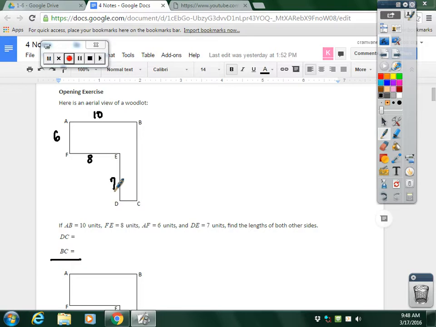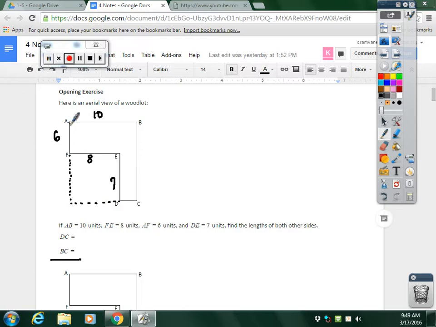This is pretty fun. So I need to find DC and I need to find BC. I'm going to start with BC. It's the whole length of the wood lot. If this was a whole rectangle, and I'm going to draw an imaginary line, and I hope you do on your paper, this whole line would be congruent to this whole line, because opposite sides of a rectangle are equal.